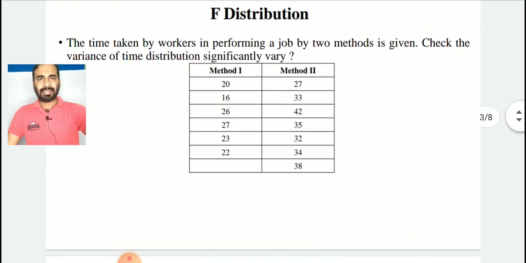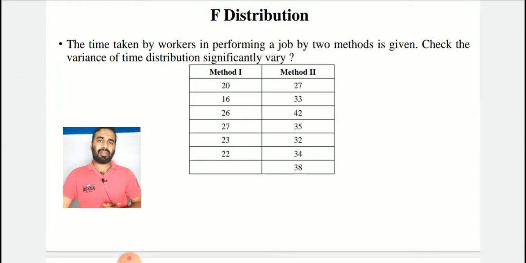Then let me take an example. The time taken by workers in performing a job by two methods is given. I am giving you a problem associated with the time taken to complete a work, but both are done by different methods. We have to check whether the variance of the time distribution differs significantly or not.